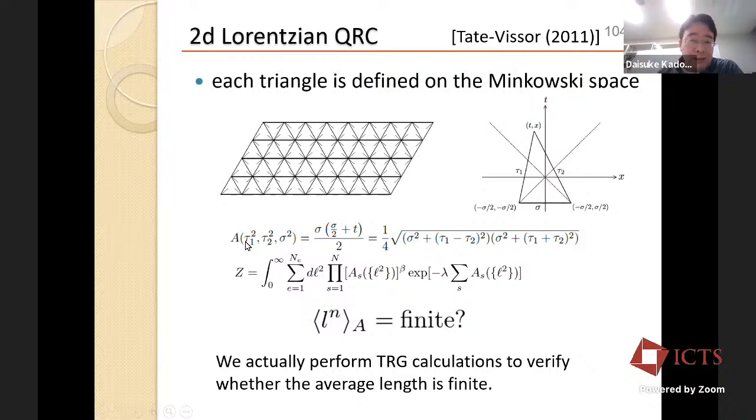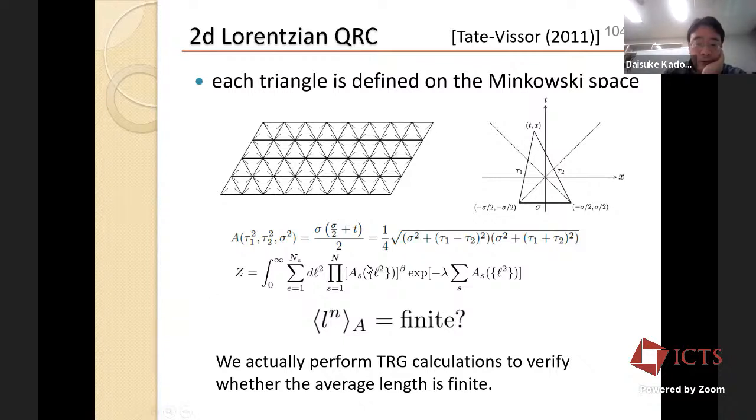Okay, so we can actually perform a TRG calculation to verify whether the average edge length is finite or not in this Lorentzian model. The integration measure of QRC is not uniquely determined.